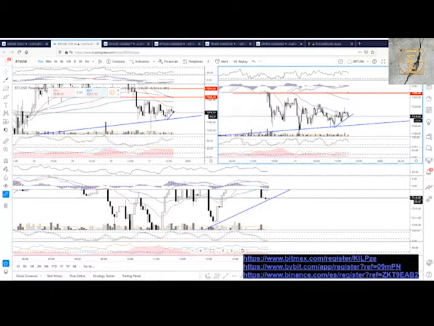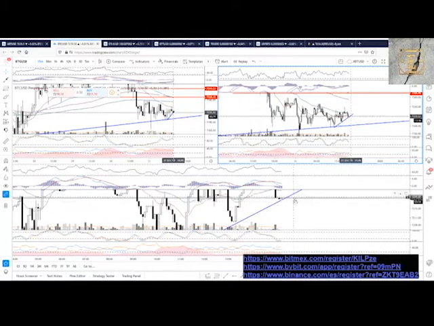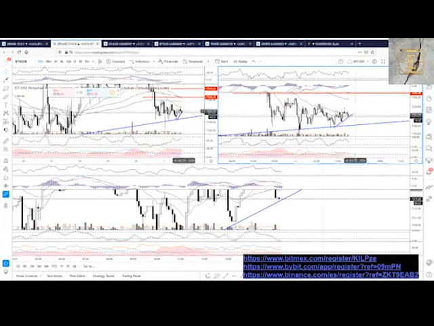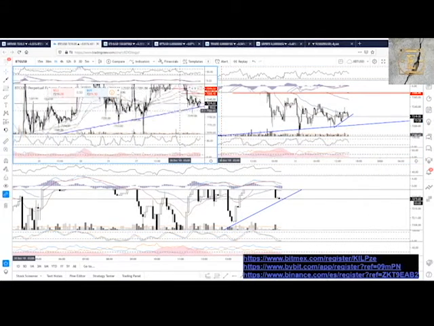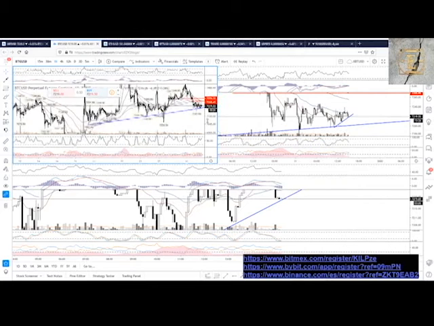So let's see if I can see something else here while I wait for the price to move.